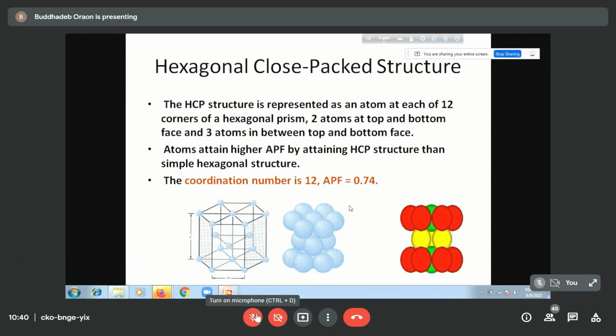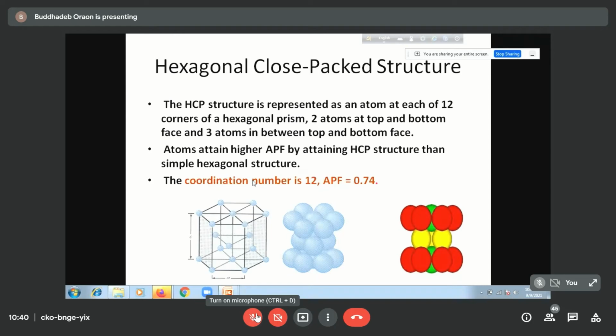So I want you to explore that and try to find out what will be the density of the material. I can tell you some materials which have this type of structure, like zinc, cadmium, magnesium. So from the data, if you take data of zinc, you know the radius of the zinc atom, you know the atomic number, you know the geometry.